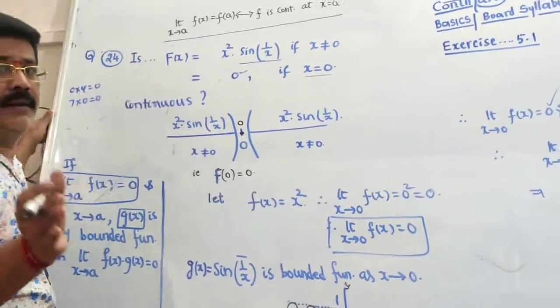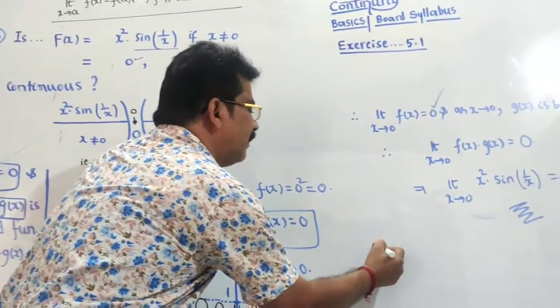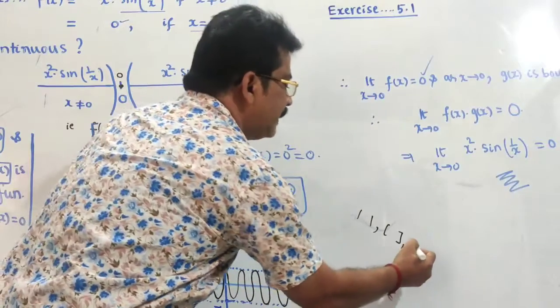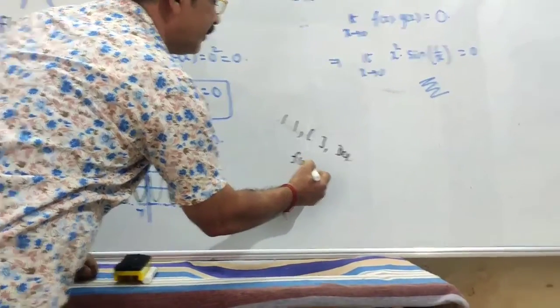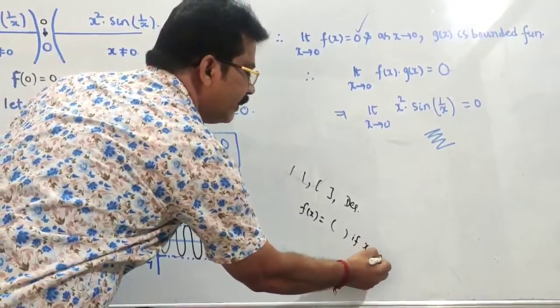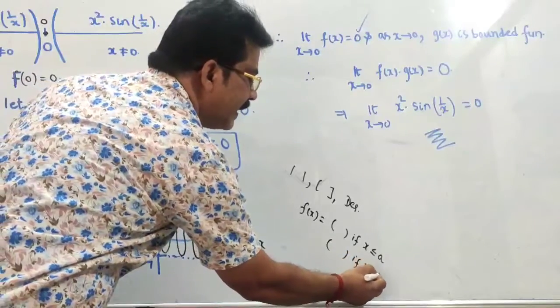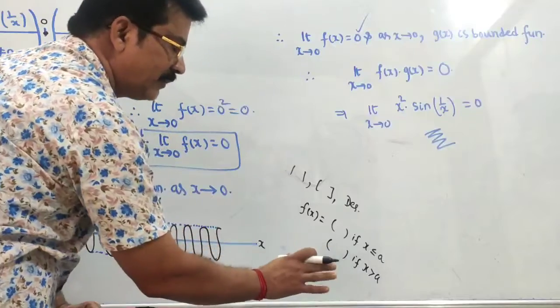Next, special functions. If a modulus function is there, mod is there, box is there. Next, piecewise functions: f of x equals so and so if x is less than or equal to a, and so and so if x is greater than a. How many intervals there are is out of question.